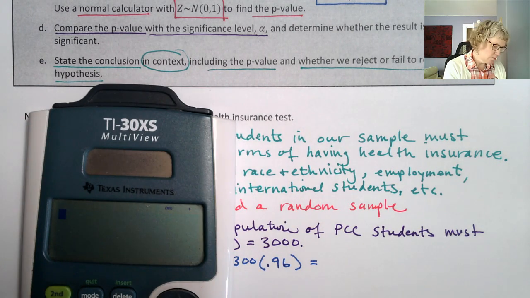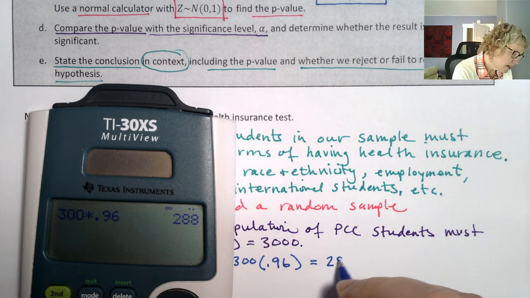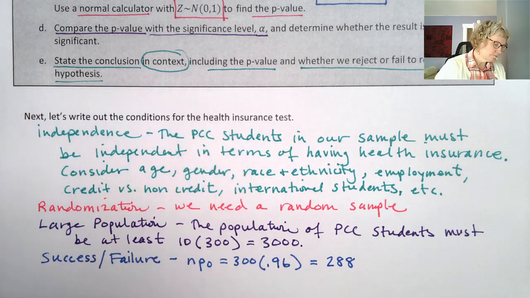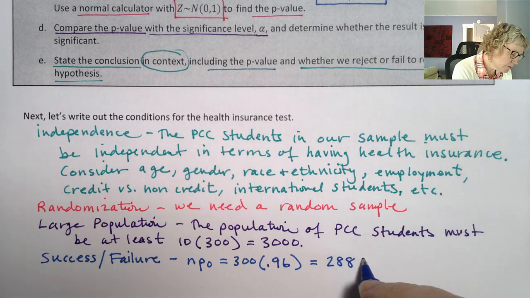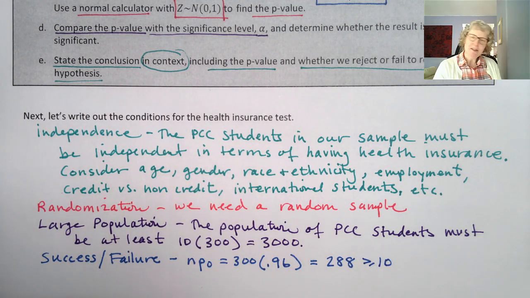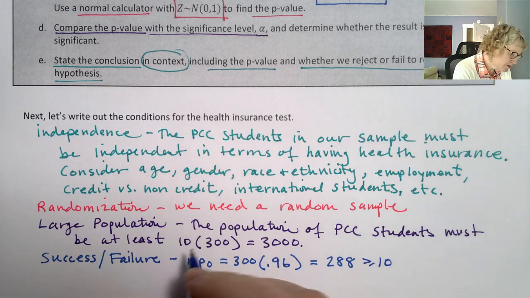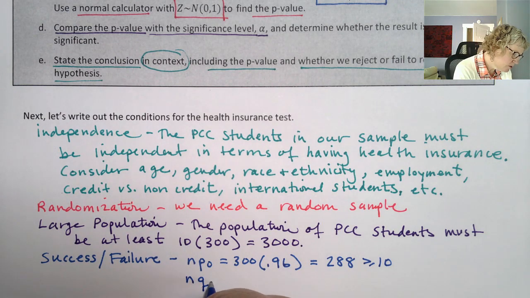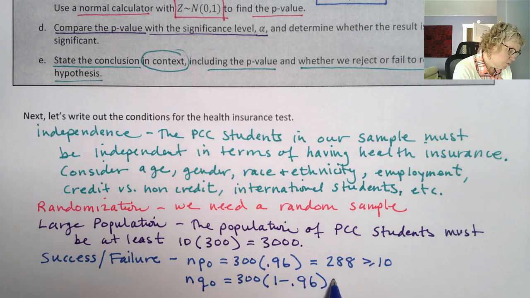So 300 times 0.96 is 288. That is definitely greater than or equal to 10. One of these will be bigger and one of these will be smaller. So let's try n times q0. So this will be 300 times 1 minus 0.96.